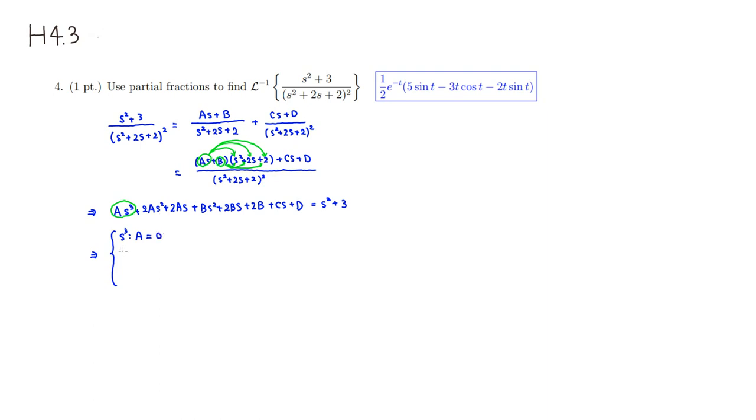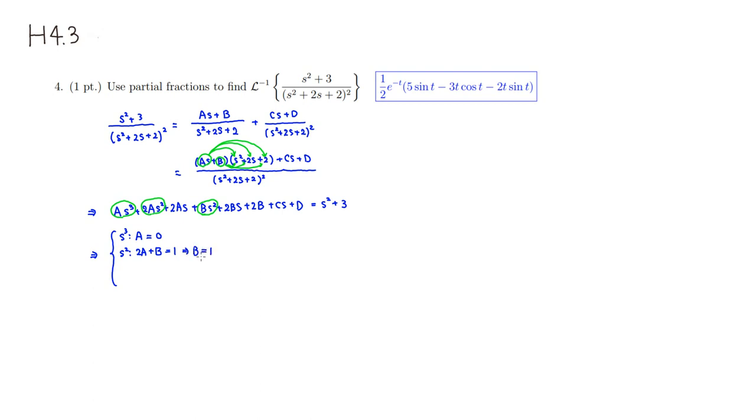For the coefficient of s squared, you have 2a plus b, and that has to equal 1, since the right hand side has 1s squared. But remember that a is already 0, so this tells you that b is equal to 1.